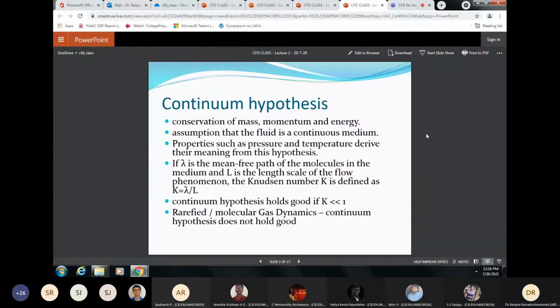Okay. So the basic equations are conservation of mass, momentum, and energy. We assume that the fluid is a continuous medium. Properties such as pressure and temperature derive their meaning from this hypothesis. This is a very important statement, because if they derive their meaning from the molecular mean free path assumption, then that's a different route to measure temperature and pressure.